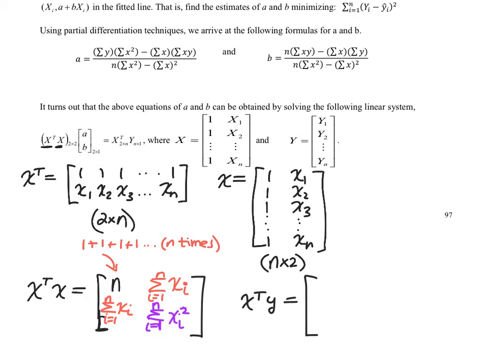sorry, just make sure I put my dimensions right. Yeah, 2 by 1, okay. So the sum of all those y entries, so again, we're multiplying this now, from 1 to n.